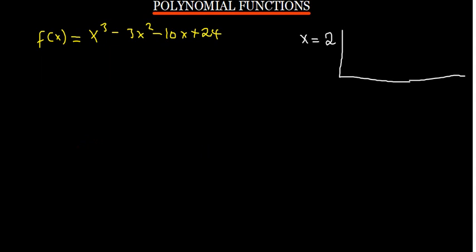Okay, so from here I'm going to get the coefficients. What is the coefficient of x power 3? That is 1. I'll put 1 here just next to where 2 is, but after the line. What is the coefficient of x power 2 here?